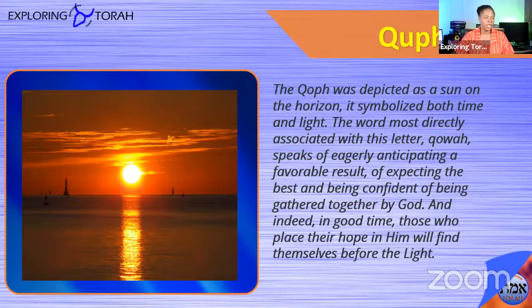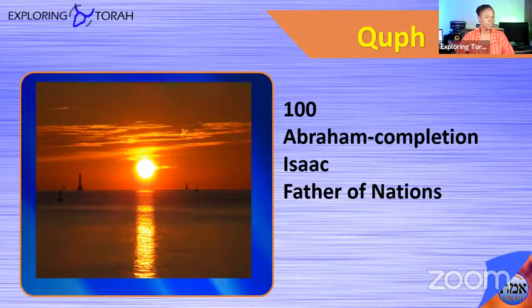And indeed, in good time, those who place their hope in Him will find themselves before the light. And as you know, our Heavenly Father always wishes to gather us together as the hen gathers her flock.